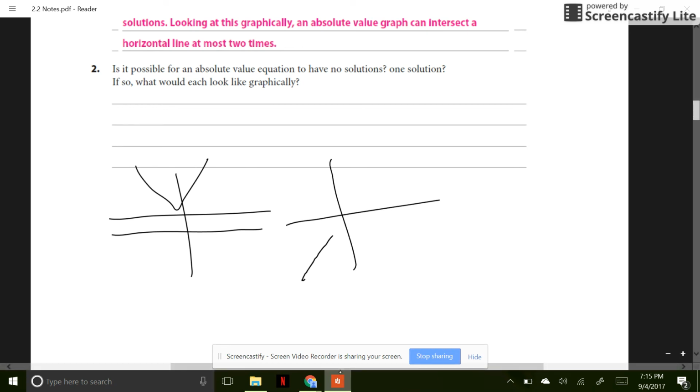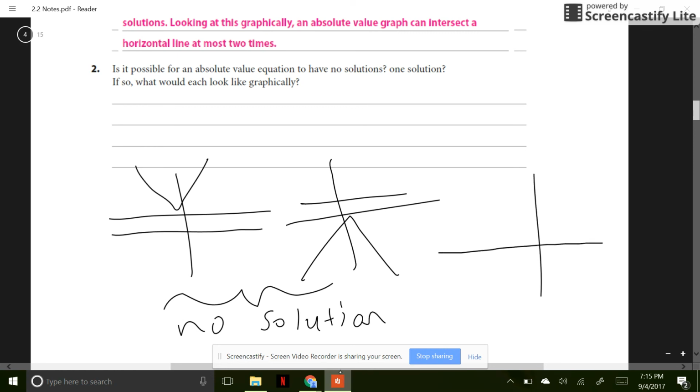Another way, if we do it upside down and have a line there, those would have no solution. Versus if we have an absolute value here and our horizontal line touches at exactly one spot at that vertex, that's when we would have one solution.